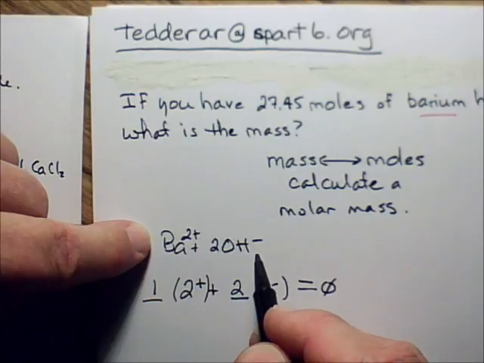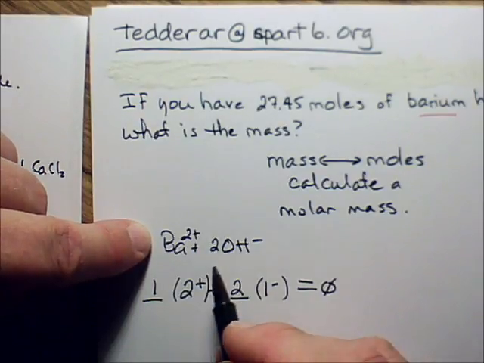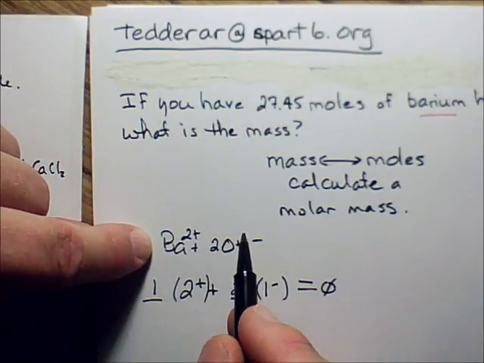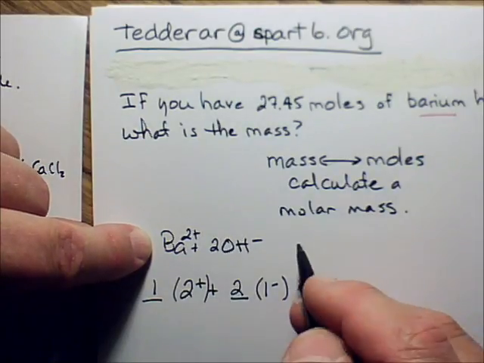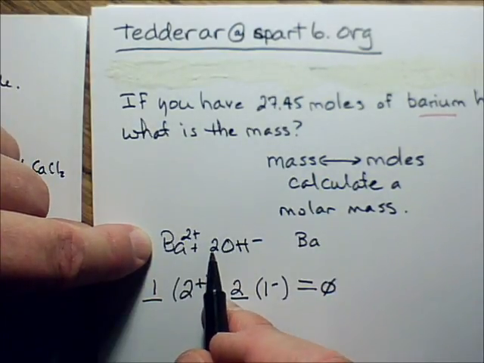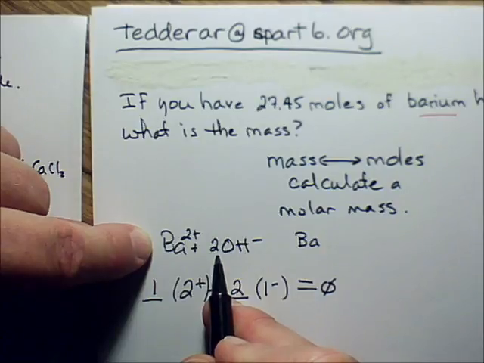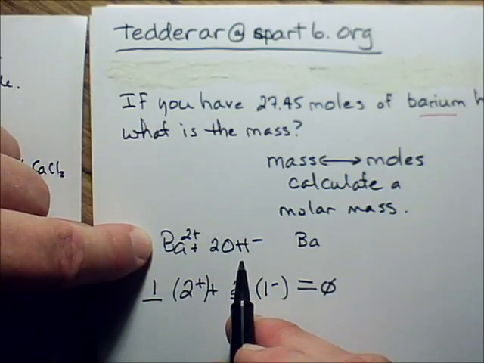When you write the formula and you bond 2 hydroxides, which contain 2 different elements, you've got to use subscripts to show you have 2 hydroxides.